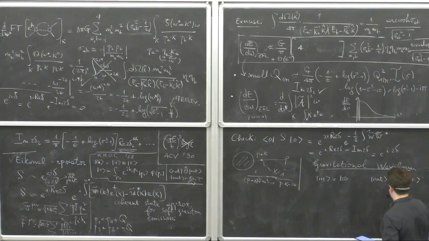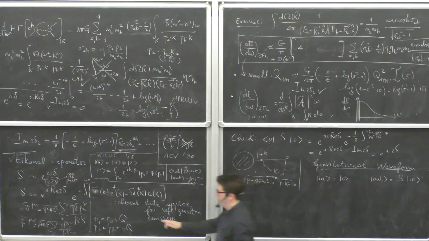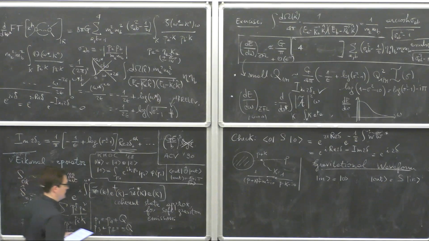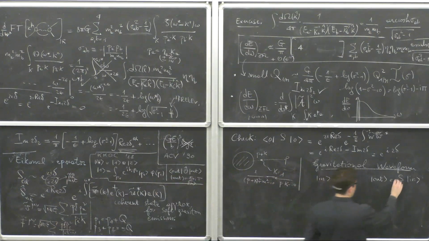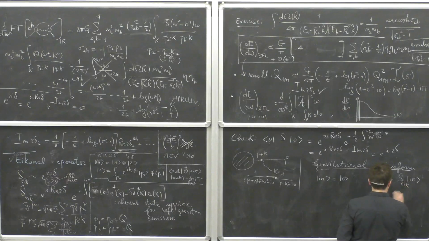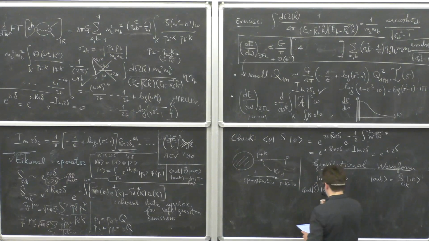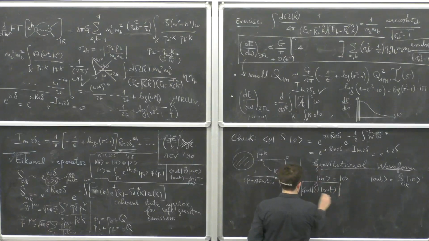And then this is going to be S acting on the in state, where for S we are going to use this, maybe let me call it S_eikonal to emphasize that this is an approximation, as we were discussing a minute ago. And then we can use, in principle, operators and take the expectation value. This is going to be our prediction for what a classical observable is.